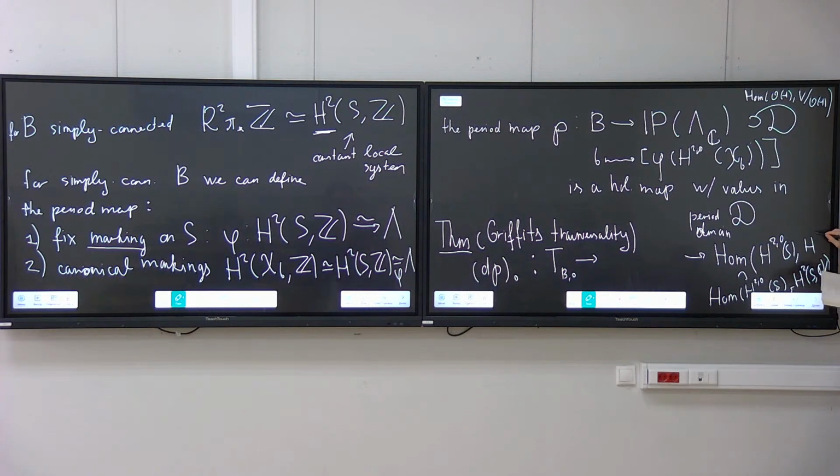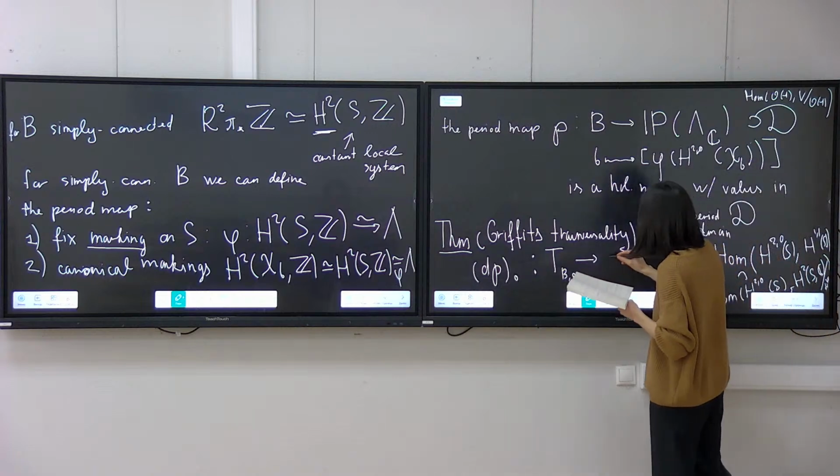Of course, in this quotient there exists this subvector space, because if we take the quotient of second cohomologies by the 2-0 part, there is the 1-1 part inside, right?